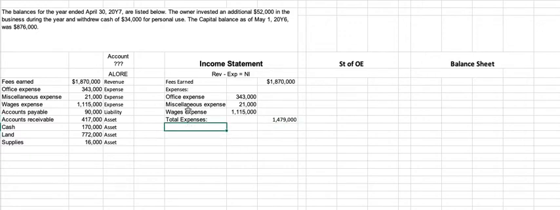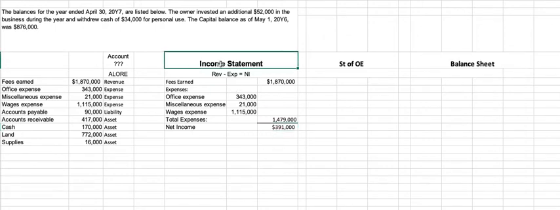So the answer to the income statement is called net income if we have a positive number. So what I'm going to do here is I'm going to say this answer equals this number minus this number. And we get a net income of $391,000. So that is the income statement.